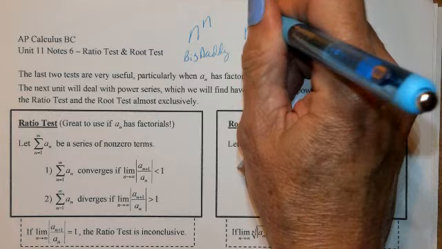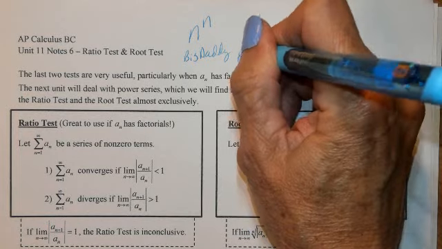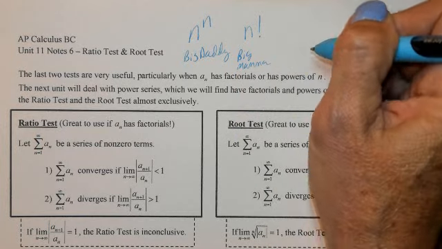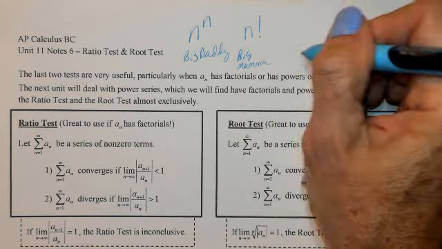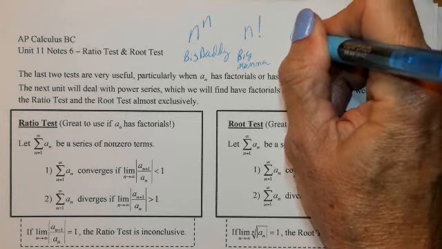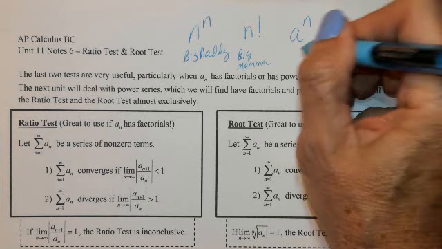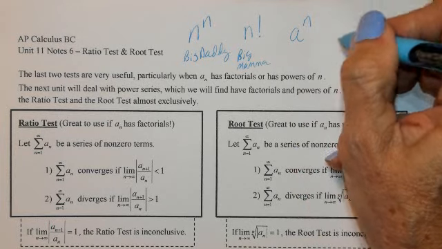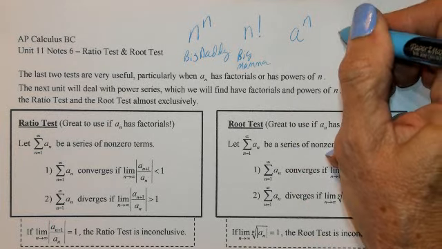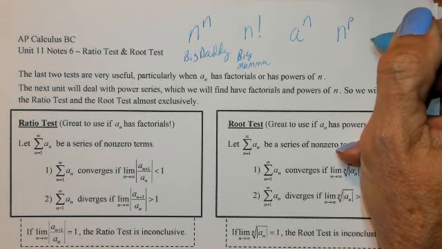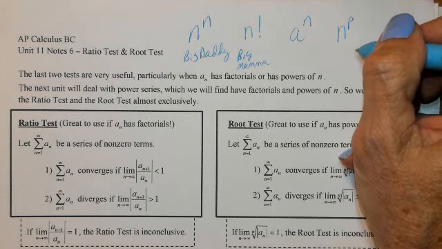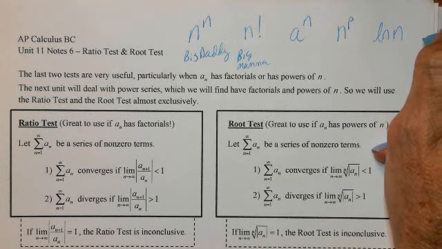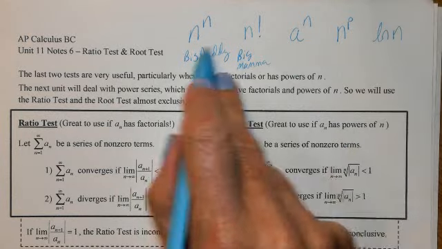The next one is n factorial, and I said that's Big Mama. Anyway, whatever. The next one is some number to the n power: e to the n, 5 to the n, 3 to the n, something like that. And then we had all of our polynomials: n squared, n cubed, and n to whatever. And then bringing up the rear is little natural log n. And those were the powers of infinity.